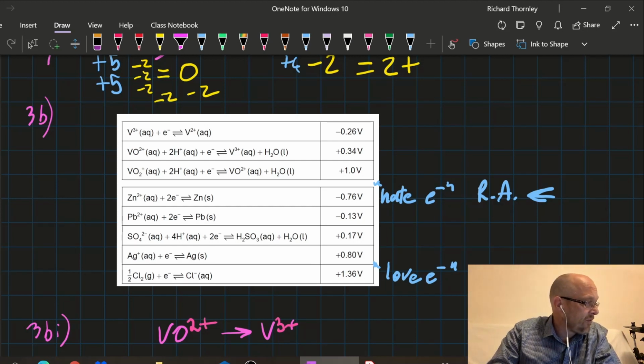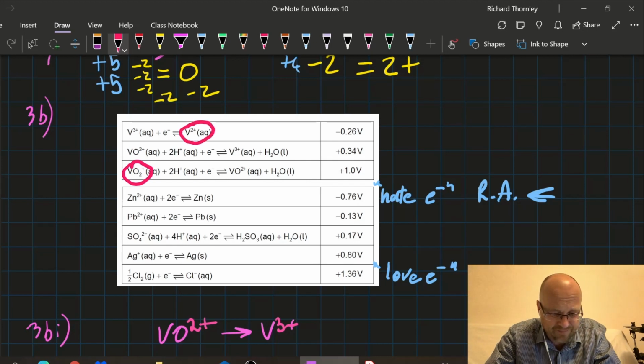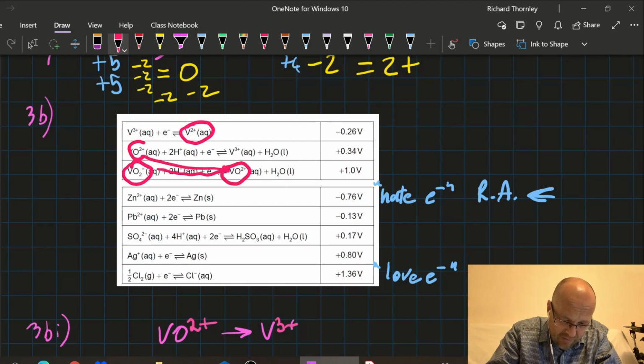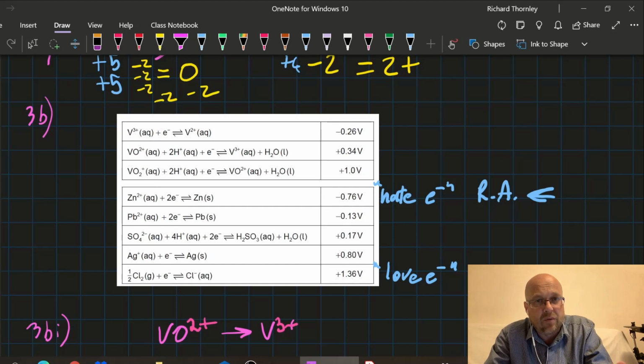So they're saying they want to turn VO2 1+, VO2, they want to turn that chemical into that chemical. So that means they want to go through that equation to make that, and then that equation to make that, and then that equation to make that. What a mess. So they want all 3 of those equations to happen.